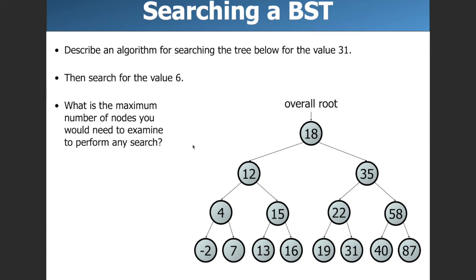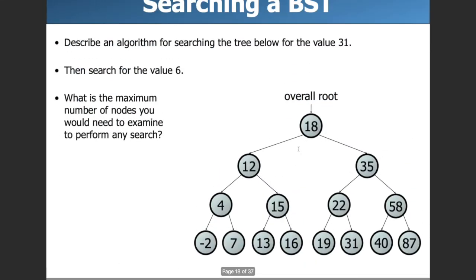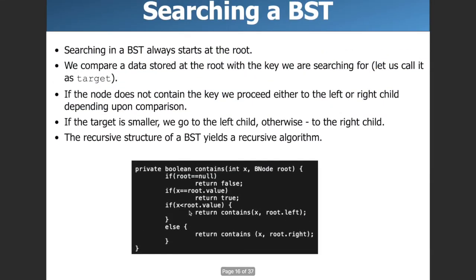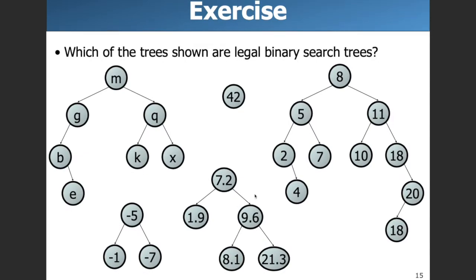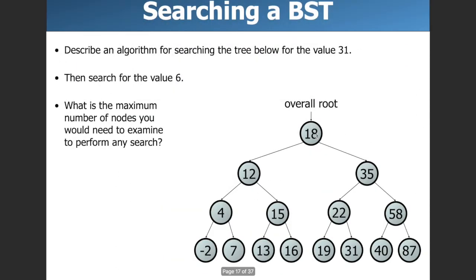Okay, into some exercise. What we just saw, we compare target. For example, our target is 4, and we compare it with root.value. And what is root.value? It's each node, right? It depends on where we are. So first, for example, our target is 4. It's here.